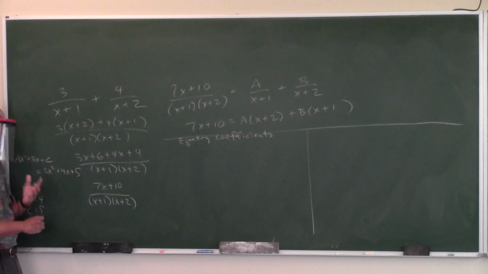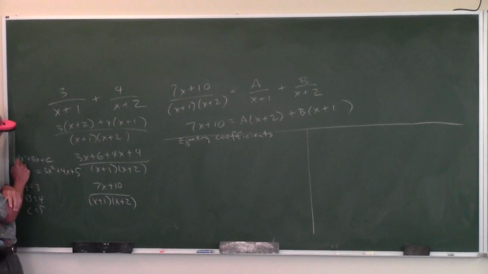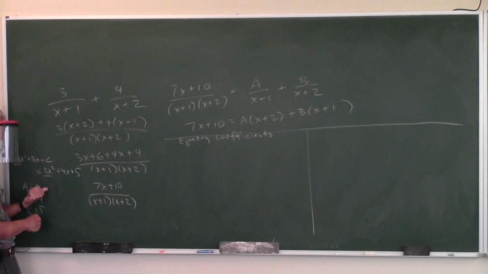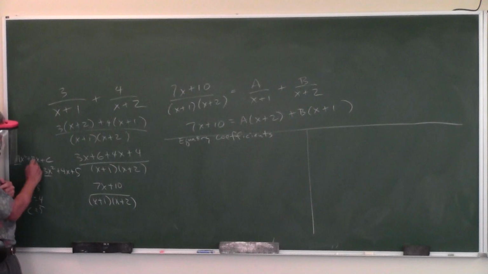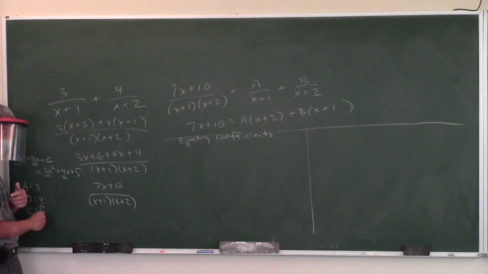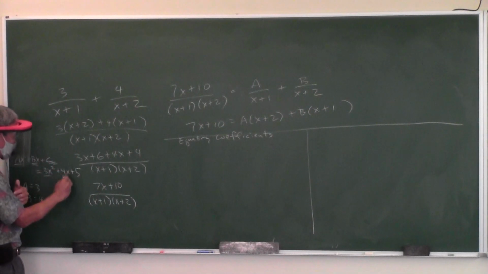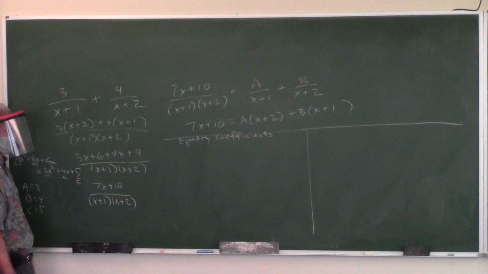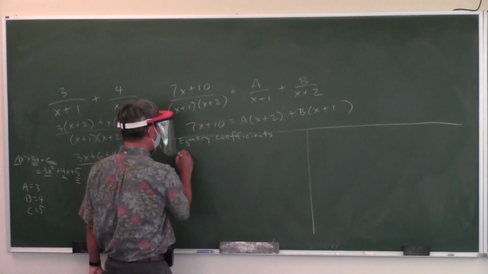This is called equating the coefficients. The coefficient of x squared on the left has to equal the coefficient of x squared on the right, right? Same thing, the coefficient of x there has to equal the coefficient of x there. The constant here has to equal the constant there, right? That's common sense. Okay, so watch what I do.